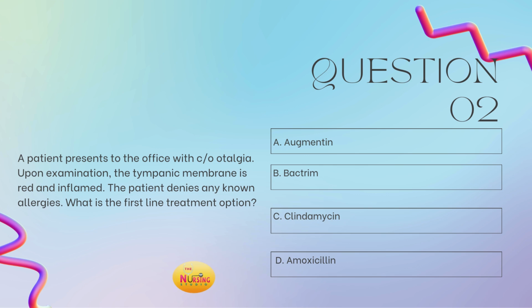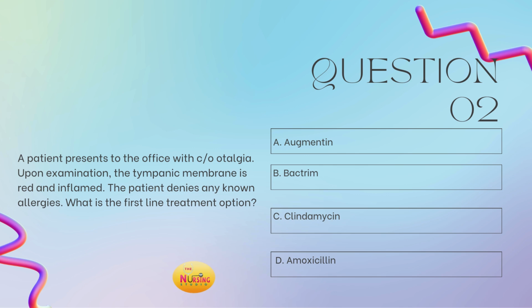But here, a patient presents to the office with complaints of otalgia. Otalgia is a common complaint with acute otitis media. It also notes that on exam, the tympanic membrane is red and inflamed. This is also a classic presentation on examination for acute otitis media. So we're going with that as the diagnosis here, okay?